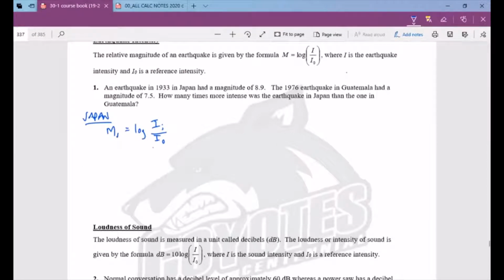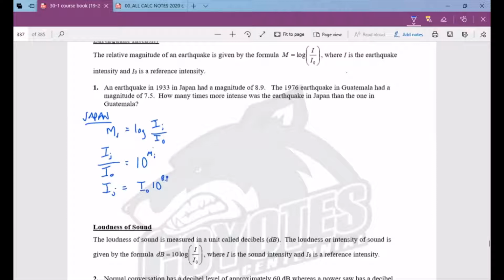It's going to look like Ij, the intensity of the Japanese earthquake, over I naught, this reference intensity, is equal to 10 to the Mj. If I solve that for Ij, it looks like this: Ij is equal to I naught times 10 to the Mj, our measurement of that Japanese earthquake, which is an 8.9.